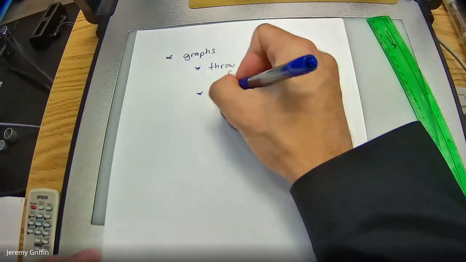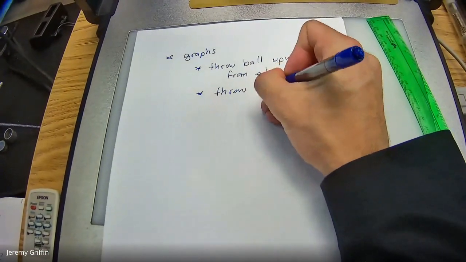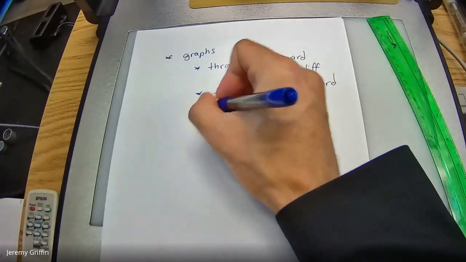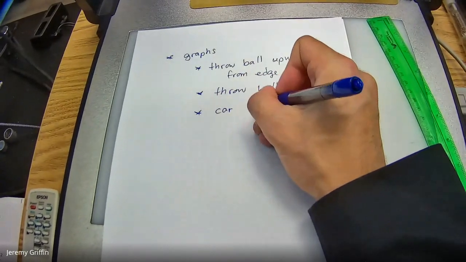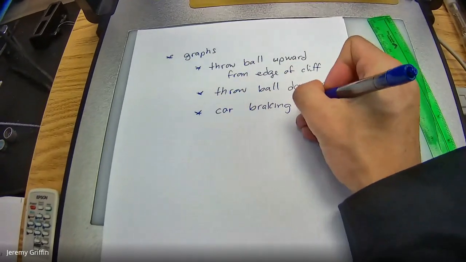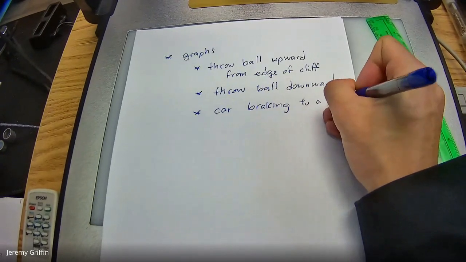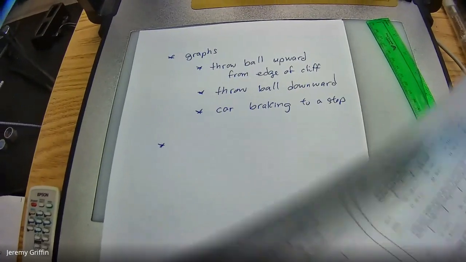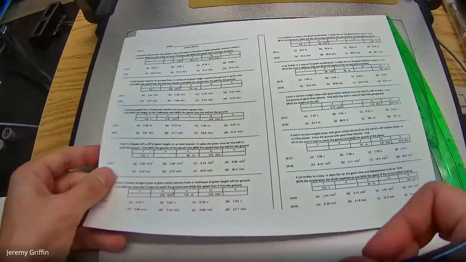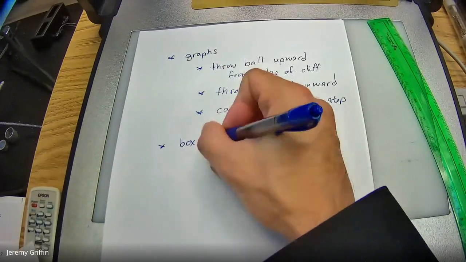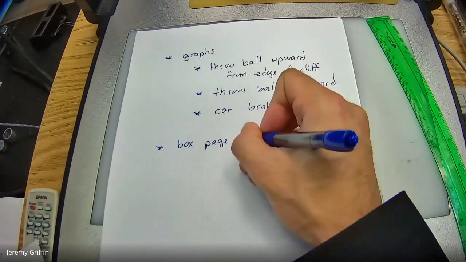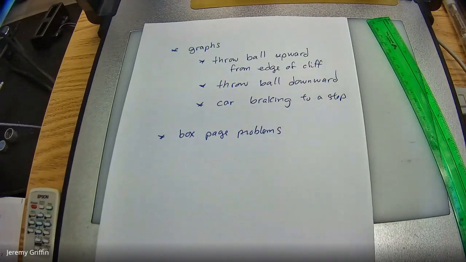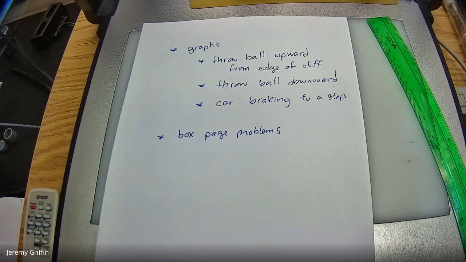We'll do throwing a ball downward. We'll do a car braking to a stop. And if I can, I'd also like to get to some of the problems from this boxy page, the box page problems. All right, so that's some things to look for tomorrow. Who's got any questions?